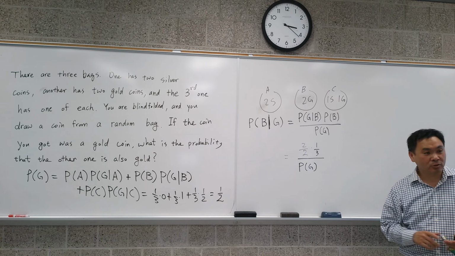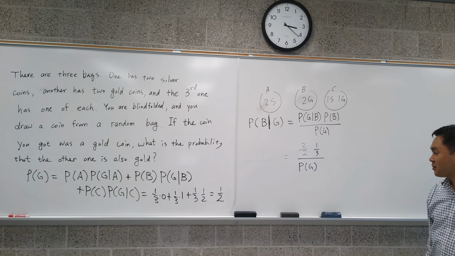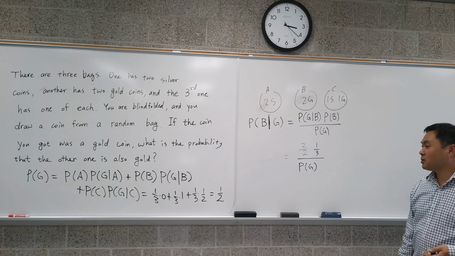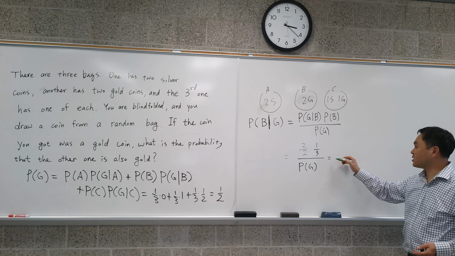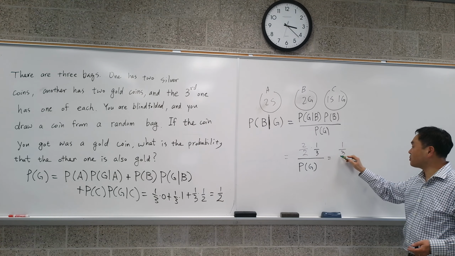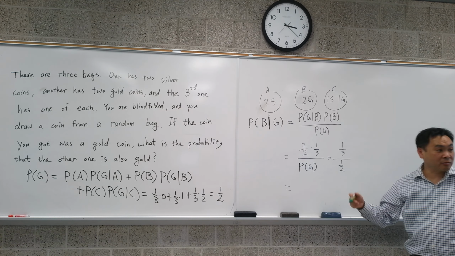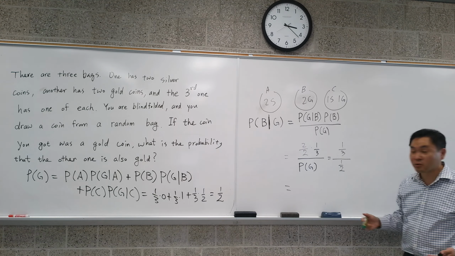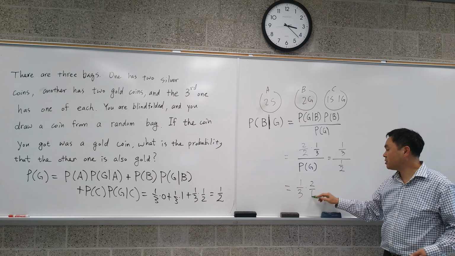So you have to do fraction calculations. Once you get that, now we can plug that value in here and get 1 times 1/3, which is just 1/3 on top, divided by 1/2. And dividing by a fraction is multiplying by its reciprocal. So it's the same as 1/3 times 2 over 1.